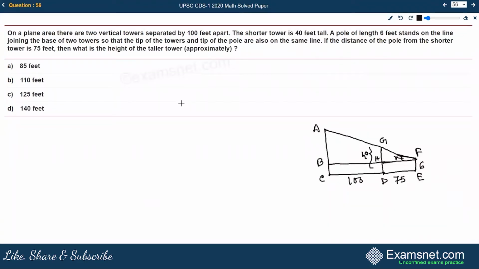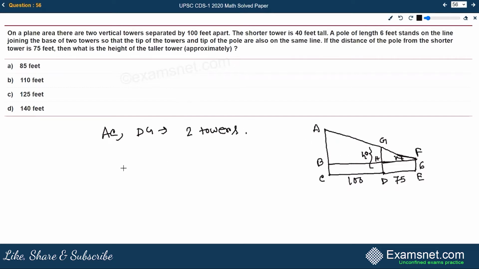In question number 56, we are given that on a plain area, there are two vertical towers 100 feet apart. Here AC and DG are these two towers. The shorter tower is 40 feet tall.